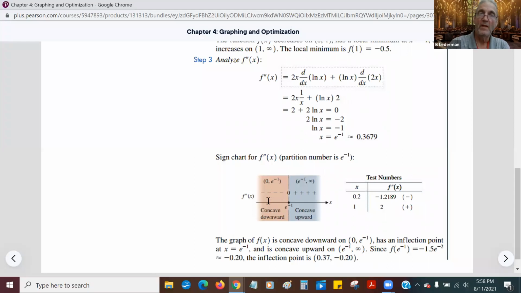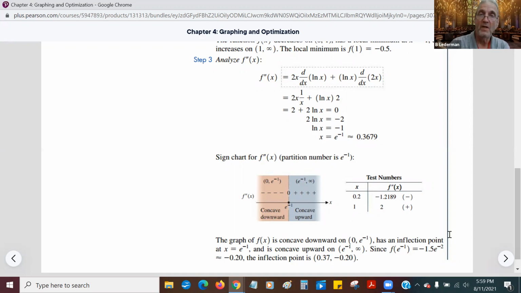By testing some numbers, the second derivative is negative until I hit e to the negative 1, and then it becomes positive from that point on. That tells us the concavity of the graph of the original function. Again, we're looking at a chart of the second derivative, but concave up and concave down refer to the original function, not the derivative functions.